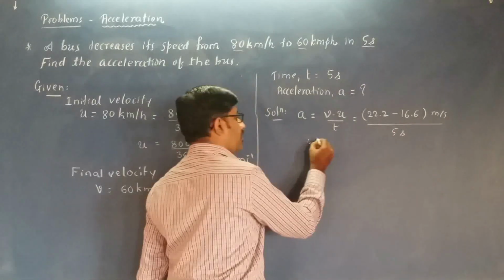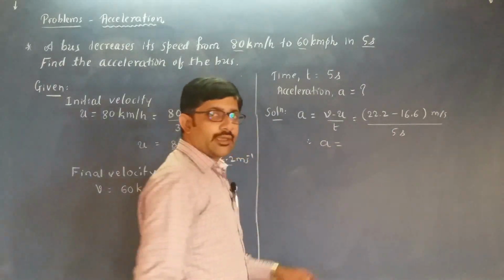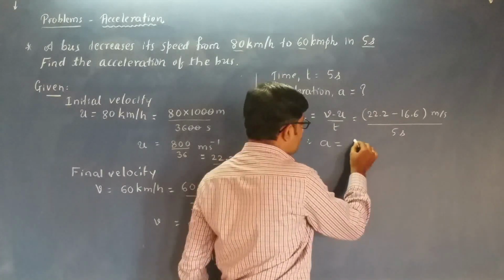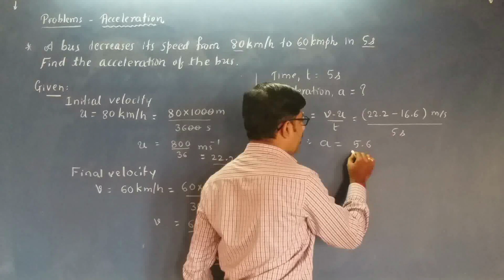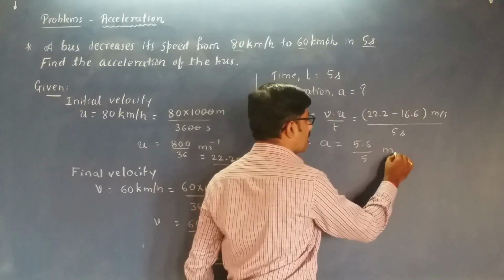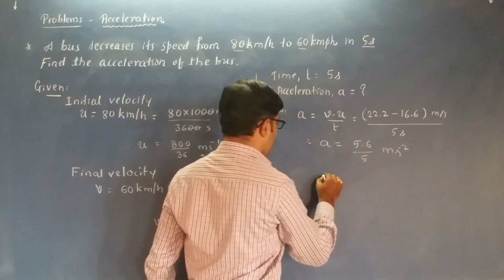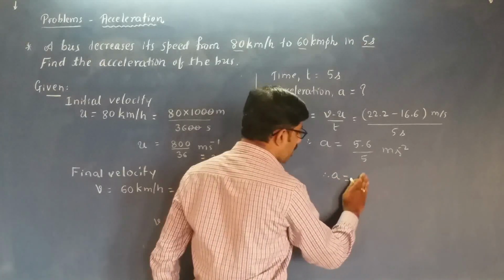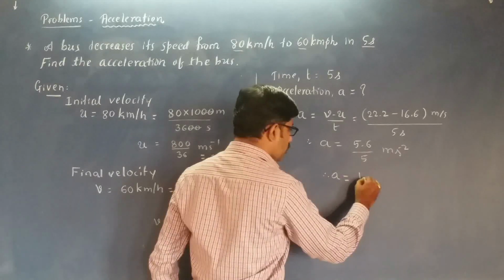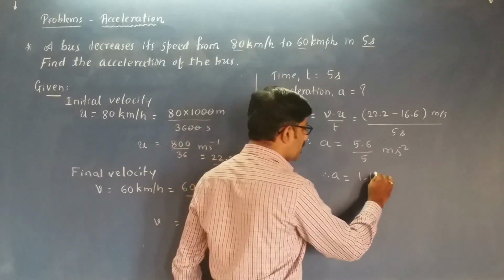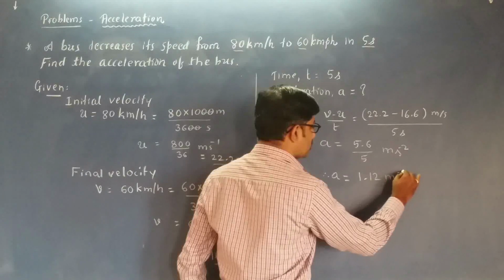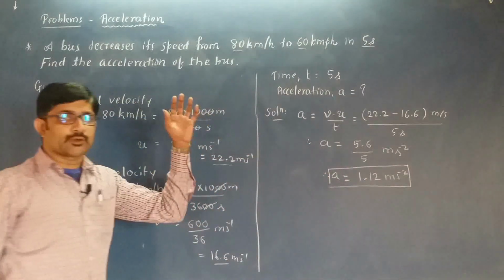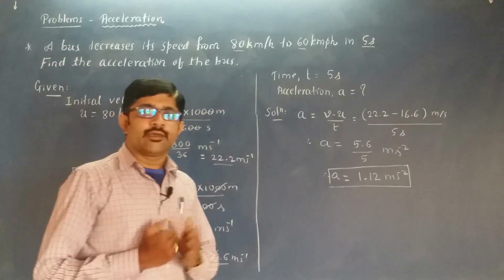Therefore acceleration a equals 22.2 minus 16.6, that is 5.6, divided by 5 meter per second square. Therefore, a equals 1.12 meter per second square. This is the acceleration of the bus with respect to the change in velocity given in the problem.